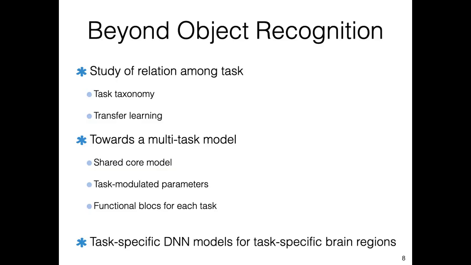But what I want to emphasize is that we need to go beyond object recognition, and I guess most of you will agree. One way to do that is to start by studying the relation among tasks.